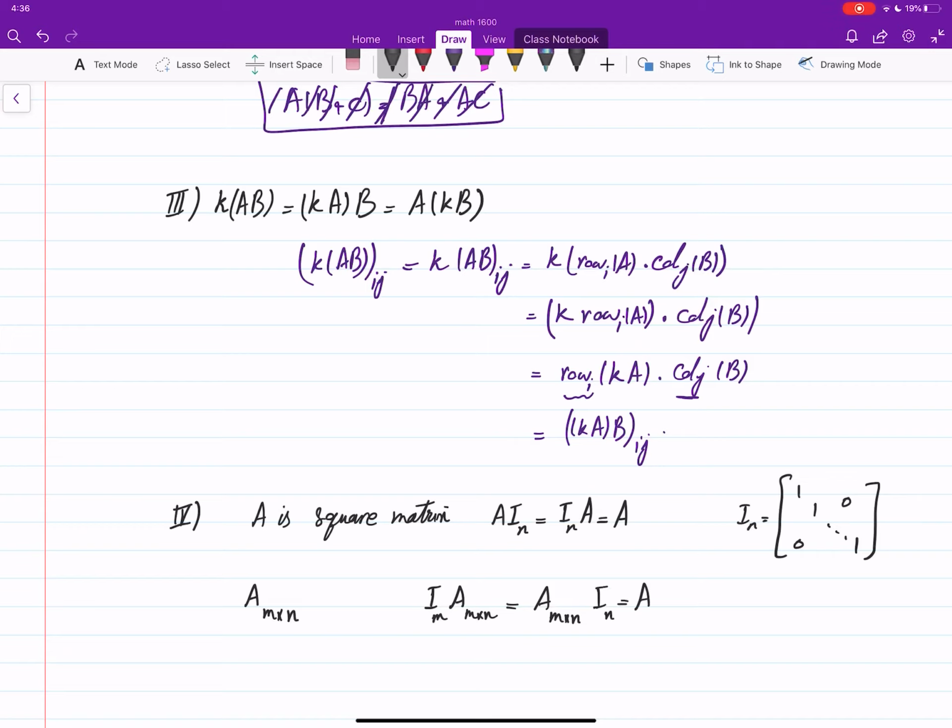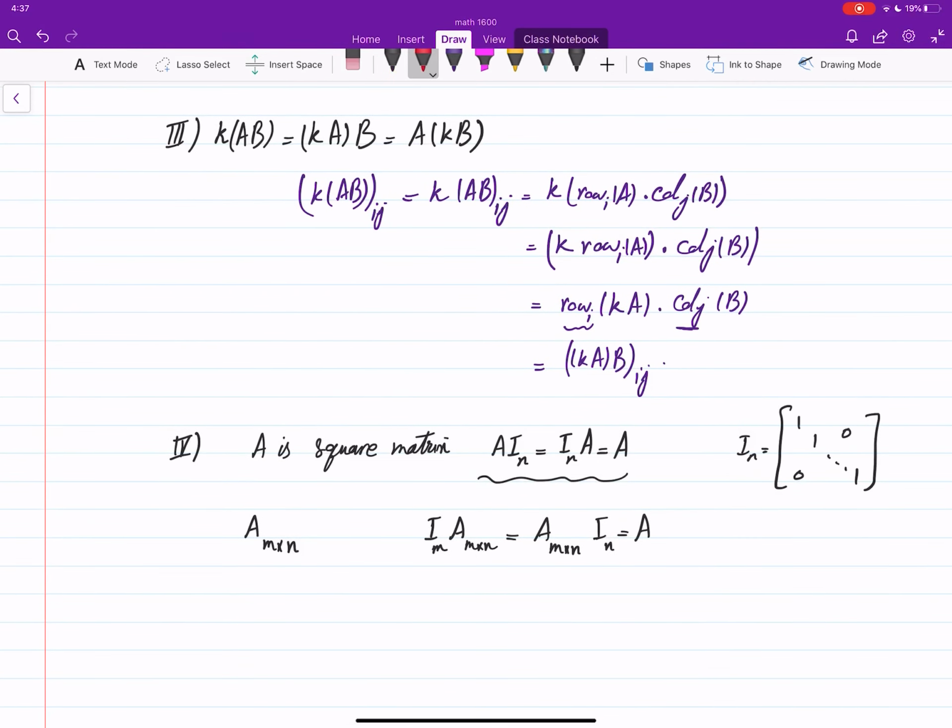Both of them are going to give the matrix A. So this means that the identity matrix, especially this one is the one I like more, is like 1 for matrix multiplication. Remember, you multiply 1 to any number you like, you will get that number back.